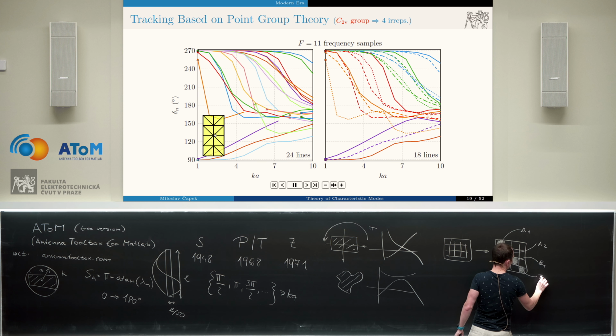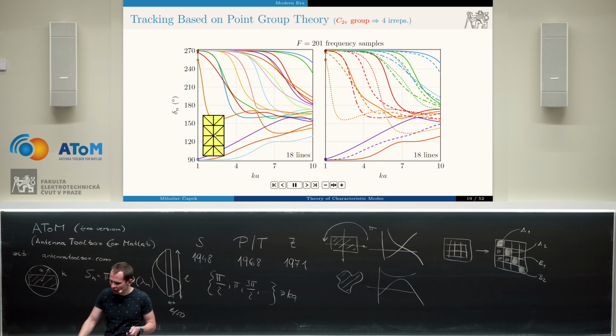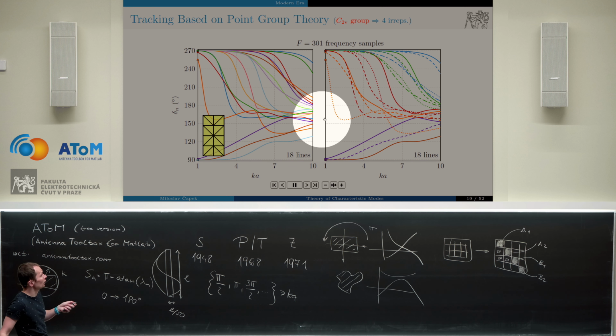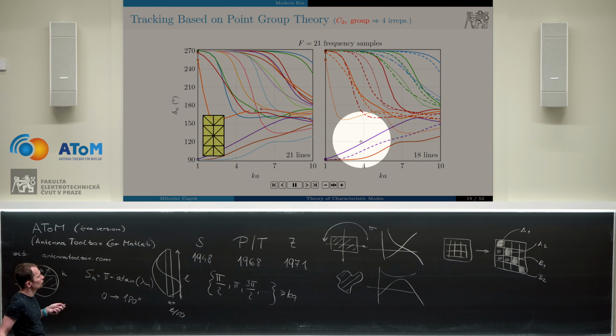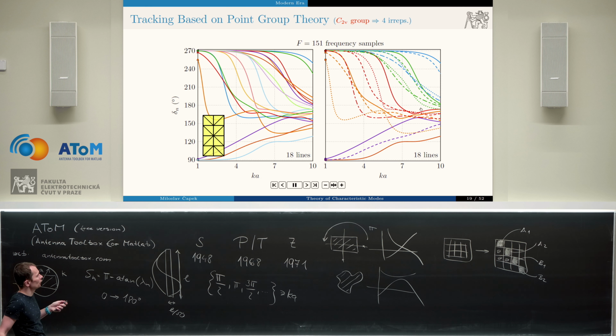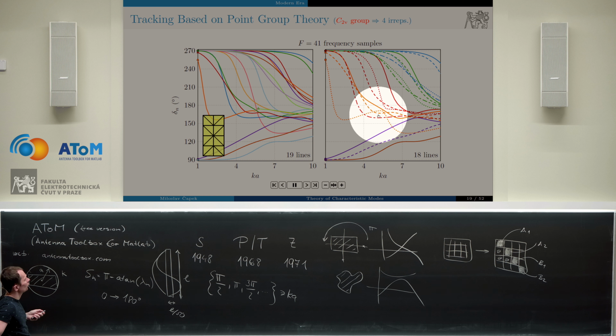They give you different eigentraces, which are in our case denoted by different line styles. So the first irreducible representation is denoted by solid lines, the second one by dashed lines, then dash-dotted, and then dotted. And what we know is that lines within one style, so within one irreducible representation, cannot cross each other. And if you focus on some region like here, you really realize that it's the case.